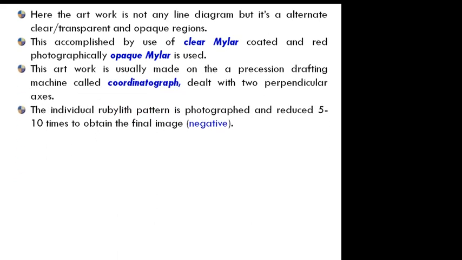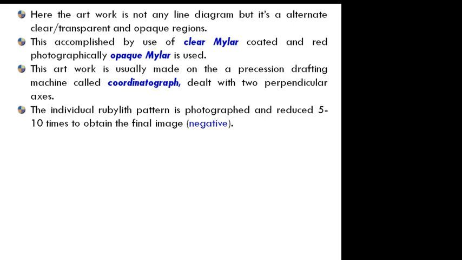The artwork is usually made with precision by a very nice mechanical device known as a coordinatograph. A coordinatograph is a pin-type pencil holder having two-dimensional x and y variations, and both these axes are perpendicular to each other. That is known as a coordinatograph.